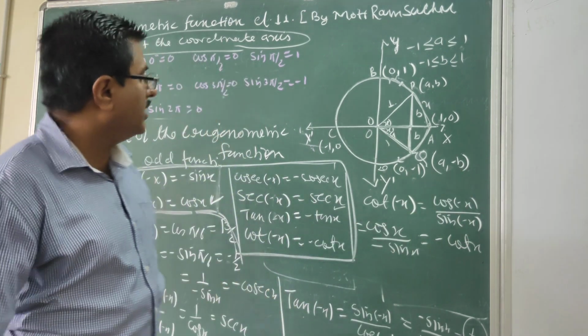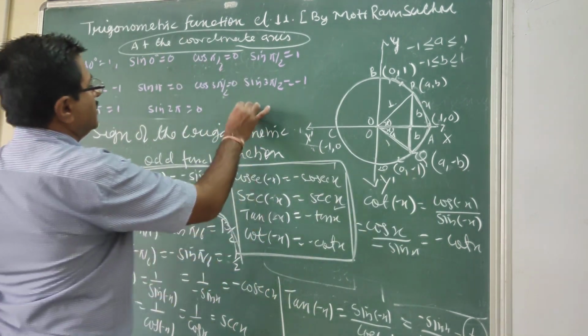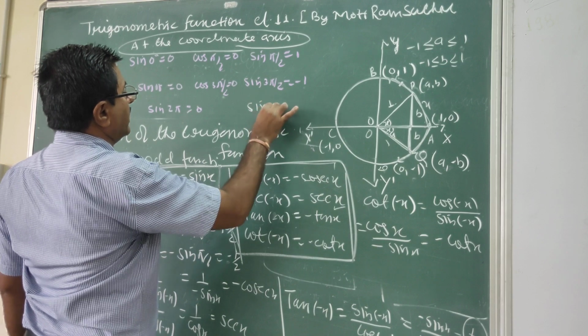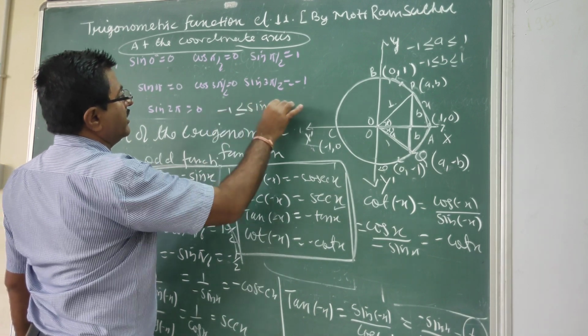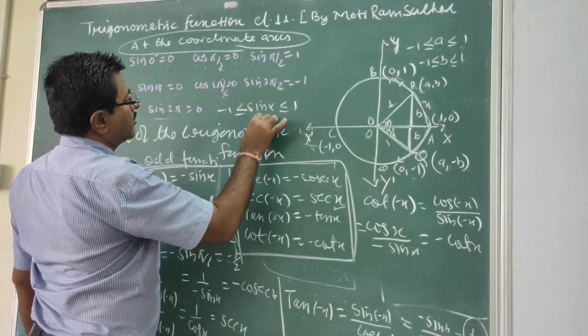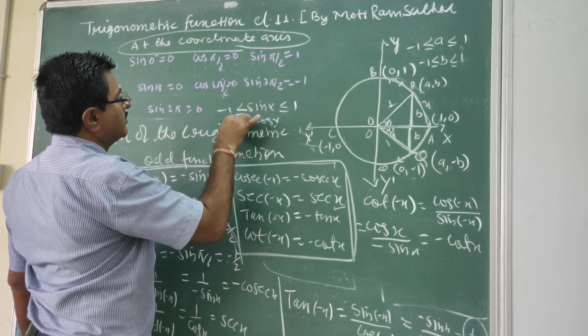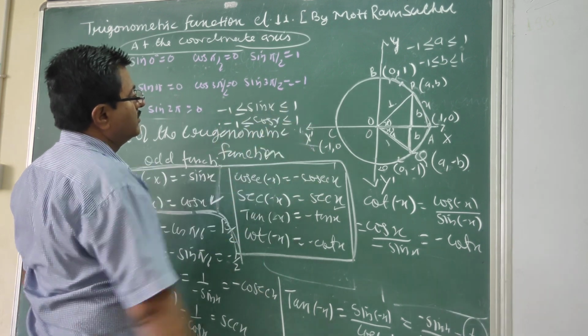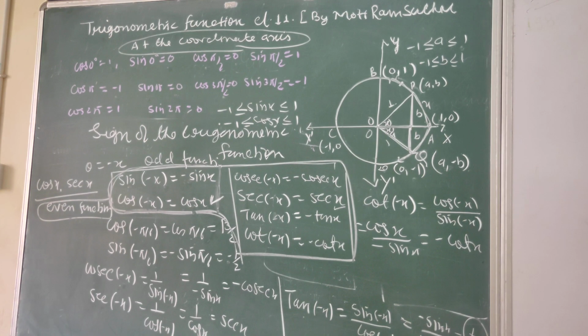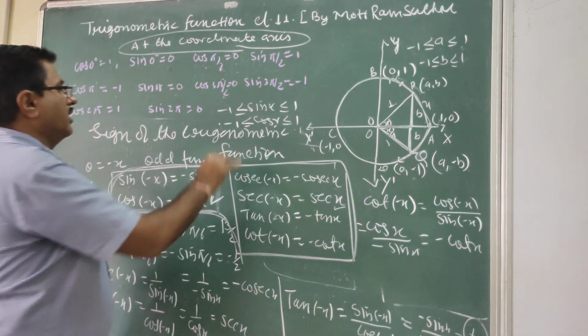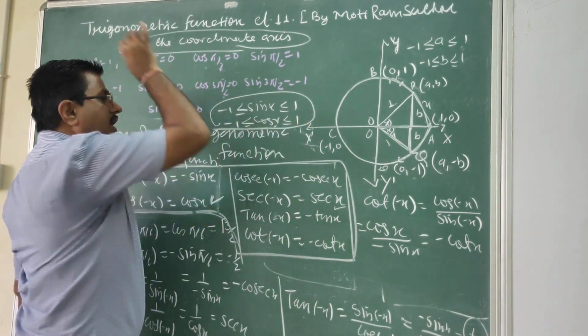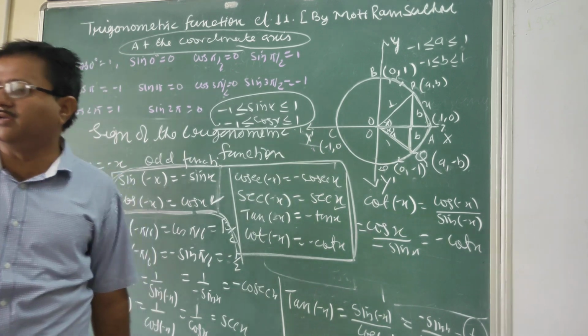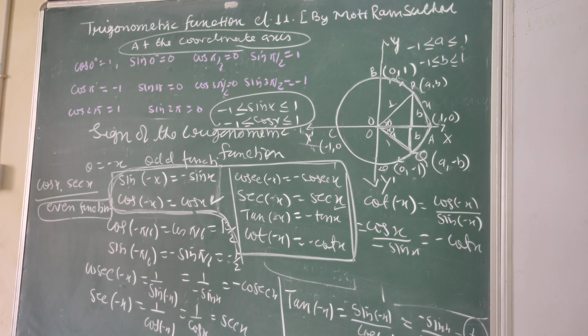So here one more important thing, you can always say sin x is greater than or equal to -1 and less than or equal to 1, and cos x is also greater than or equal to -1 and less than or equal to 1. Clear?